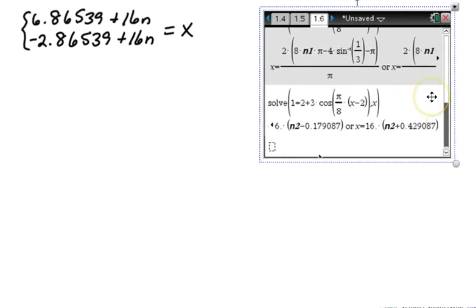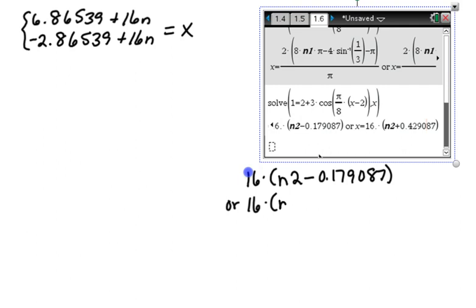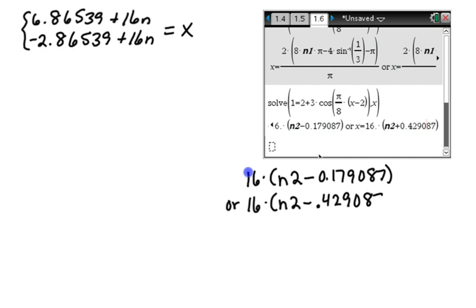So what we end up with is 16 times n2 minus 0.179087, or 16 times n2 minus 0.42987.